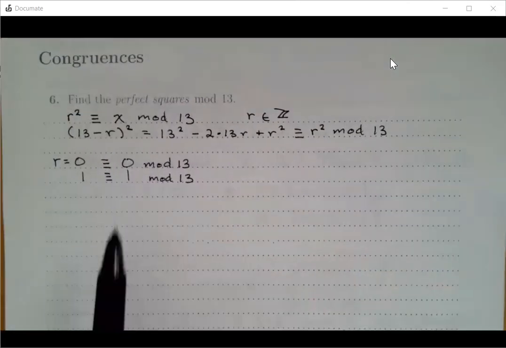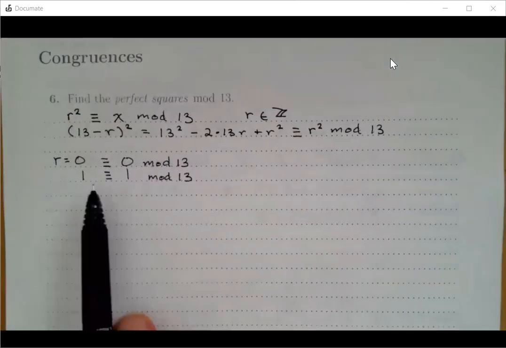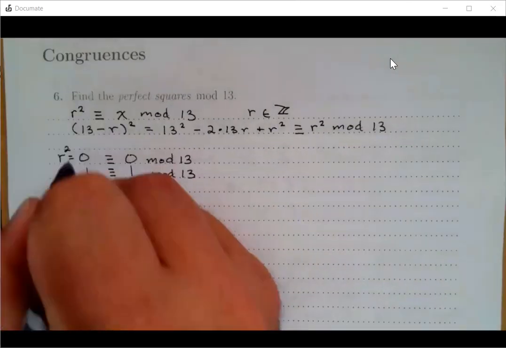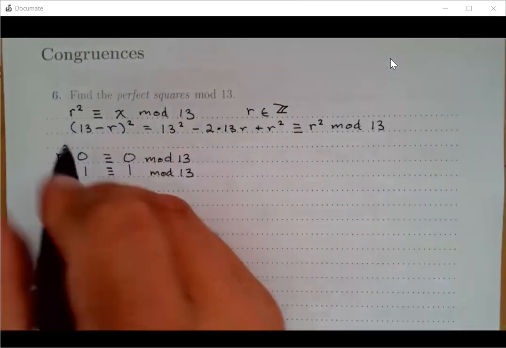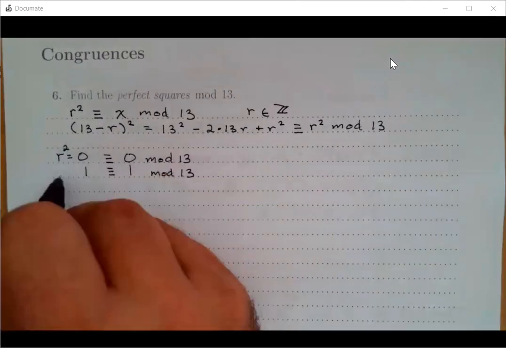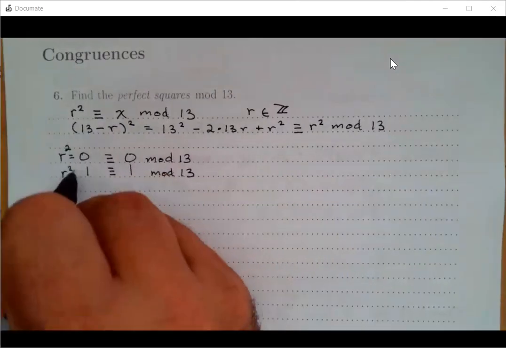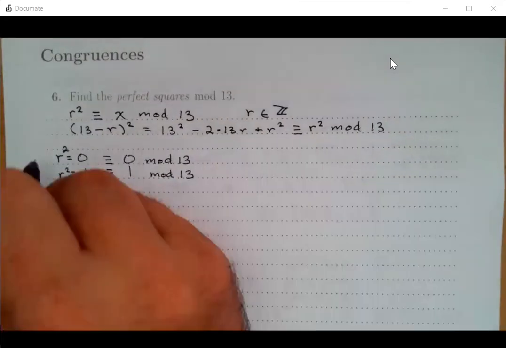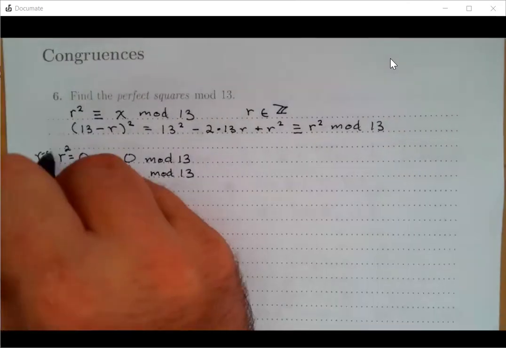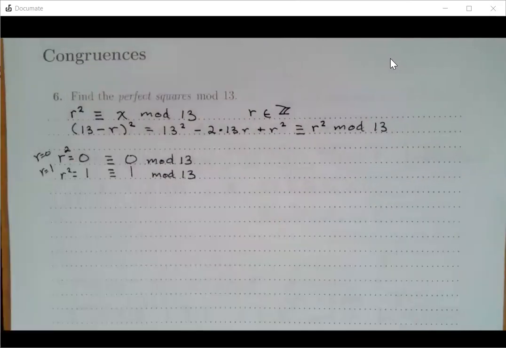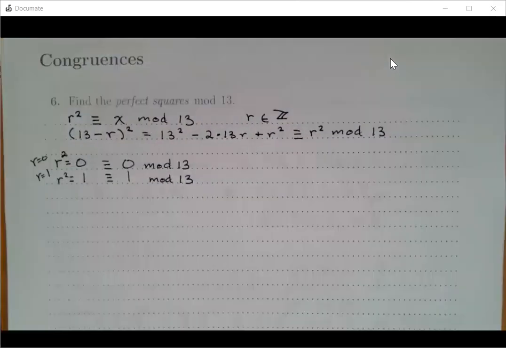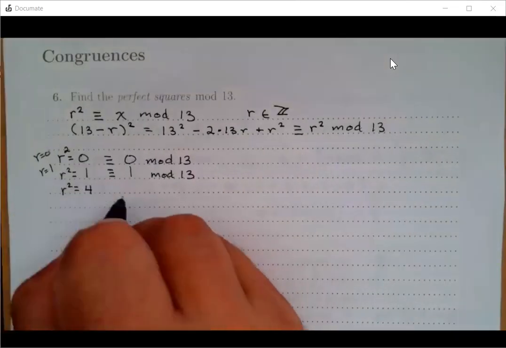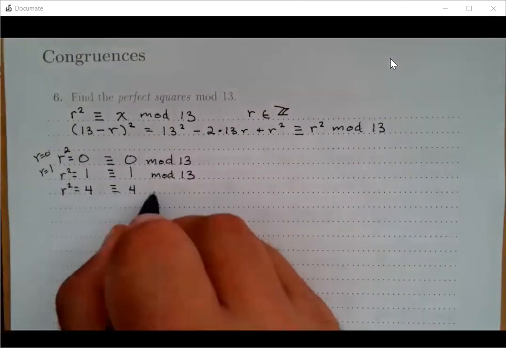I'm writing out the first few to see if I catch a pattern. My next perfect square is r squared equals 4, which is equivalent to 4 mod 13.